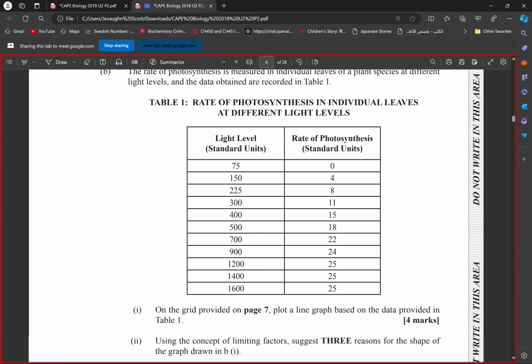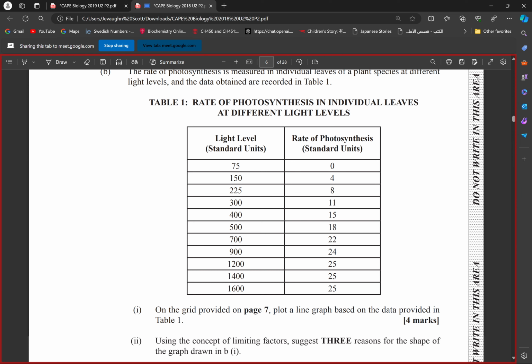Okay, everybody agree with that? Because the rate of photosynthesis would be the responding variable, so this would be the x-axis and this would be the y-axis? Yes, sir. Alright, so you guys can draw a graph.